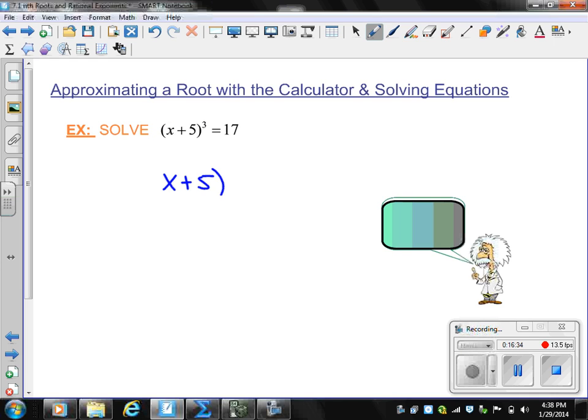So I can take the cube roots of both sides like that. Okay, well, that is going to leave me with x plus 5 on one side, and on the other side I'm going to have the cube root of 17.